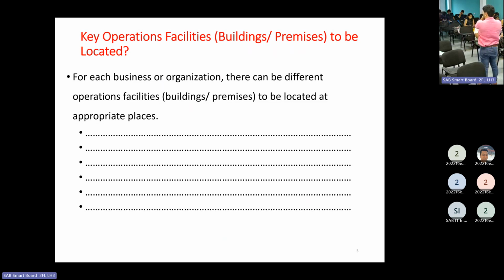Regional offices, regional branches are relevant. They have to locate them at an appropriate place. Especially when it comes to services, banks, hospitals and all, their head office and their branch network, the entire branch network, they come under facilities.